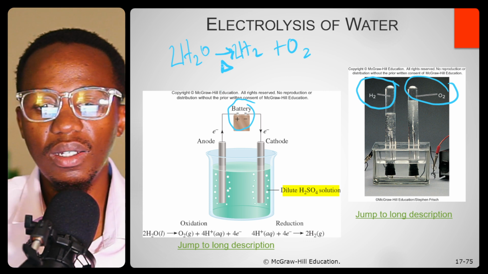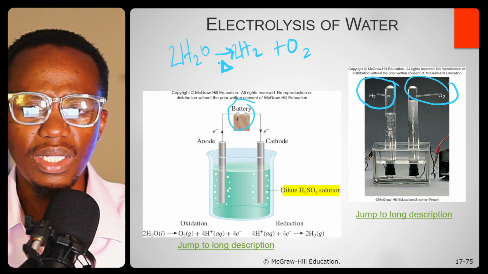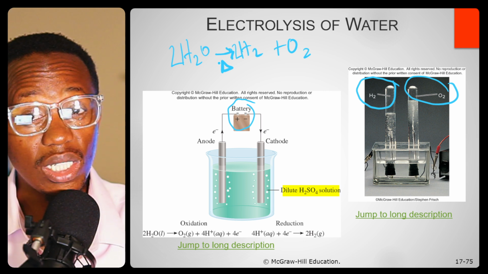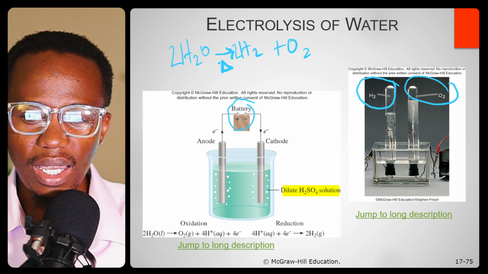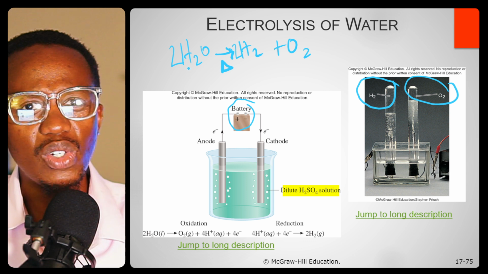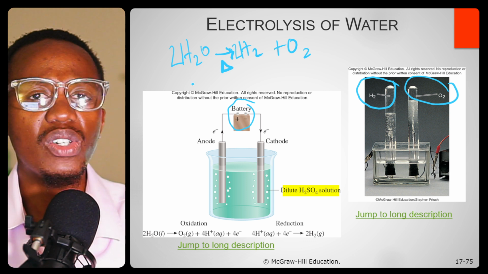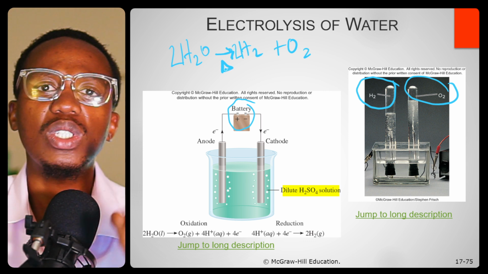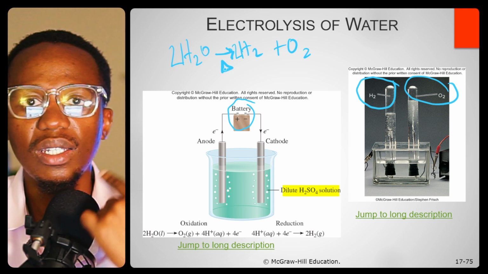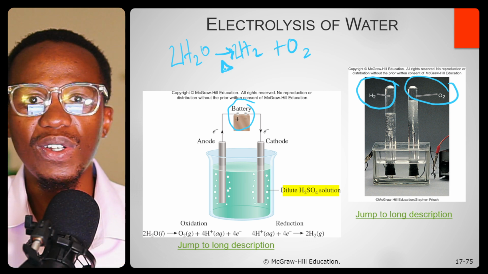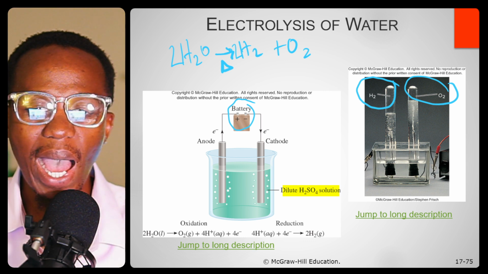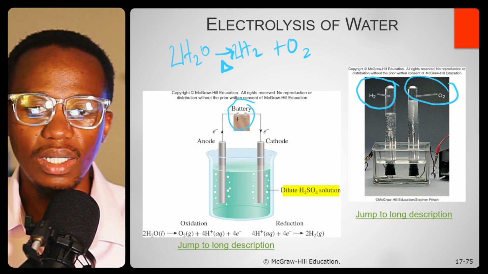And by the way, this is how they do it. For example, in submarines, they can generate oxygen from water. And guess what? Like a hydrogen car, for example, there are some hydrogen cars that use electrolysis to produce hydrogen, and then they can use that to drive that car. So when you hear that there are cars that are powered by water, this is what they mean.